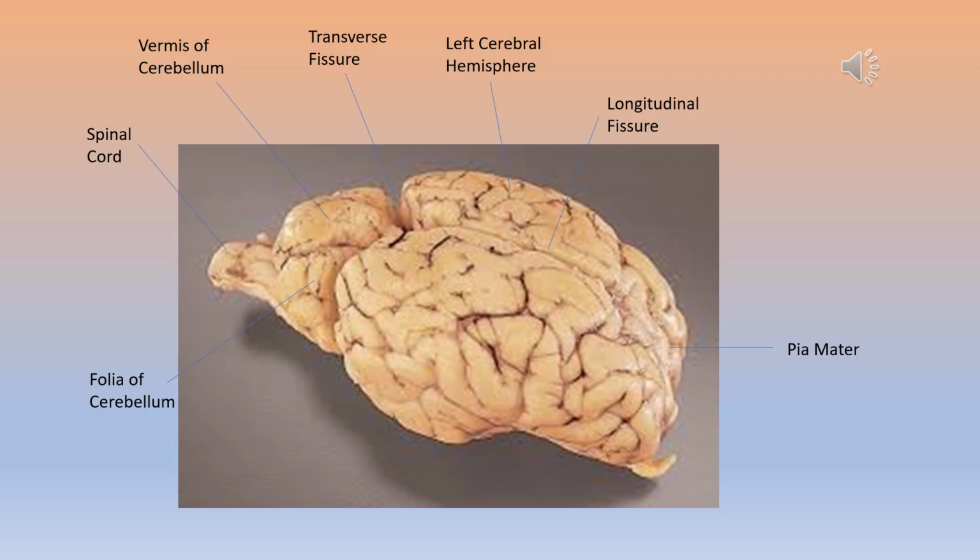Separating the cerebral hemispheres from the cerebellum, that is the transverse fissure. In our lab, when we actually do this dissection, I have the students fold the cerebellum down away from the cerebral hemispheres so that we're looking down into the transverse fissure.